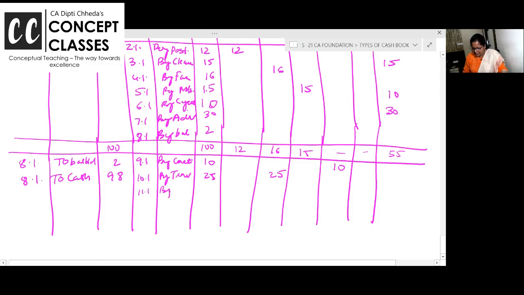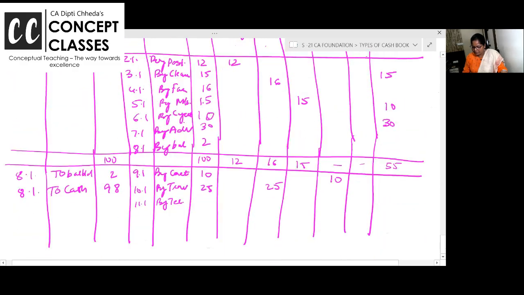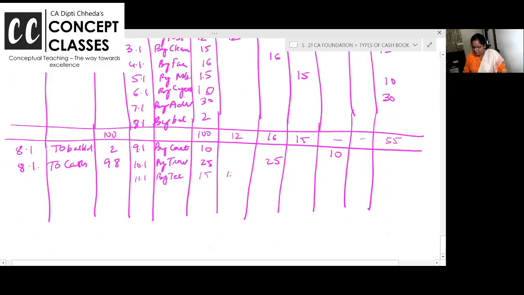Again, you are sending him to post office, telegram. Again, we have paid entertainment to the traveling salesman, 20 rupees.